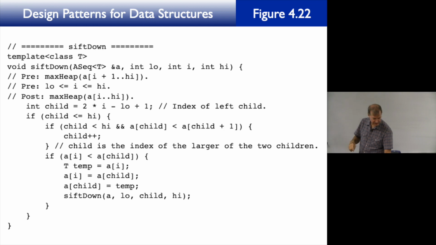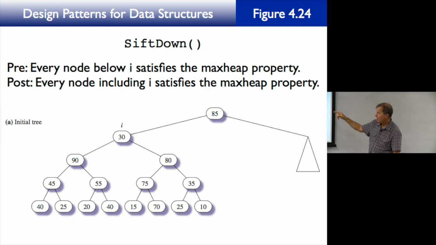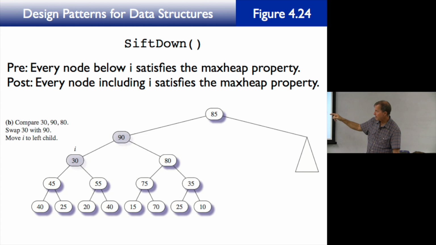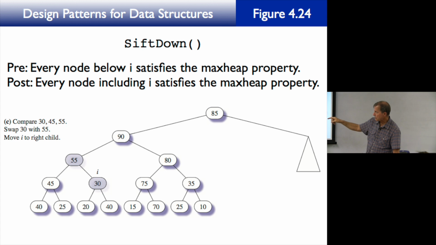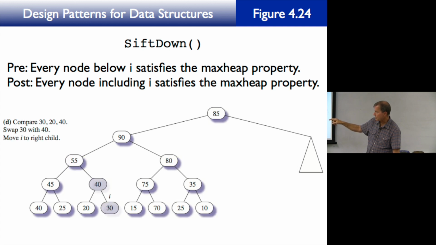But the effect of it going down is, if we look at part A, the 30 is compared with the 90 and the 80, and the 90 is bigger, so in part B, the 30 goes down, and the 90 goes up. And then we compare the 30 with the 45 and the 55, and the 55 goes up and the 30 goes down, and then we compare the 30 with the 20 and the 40 goes up and the 30 goes down.